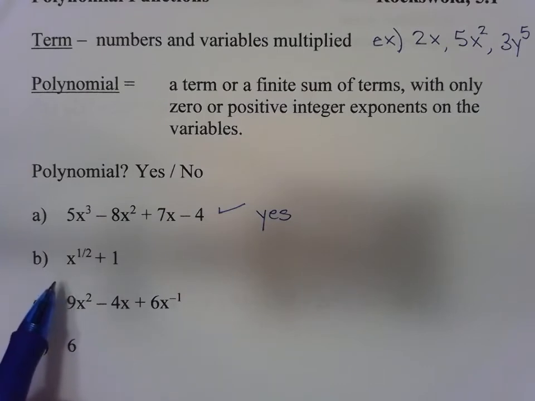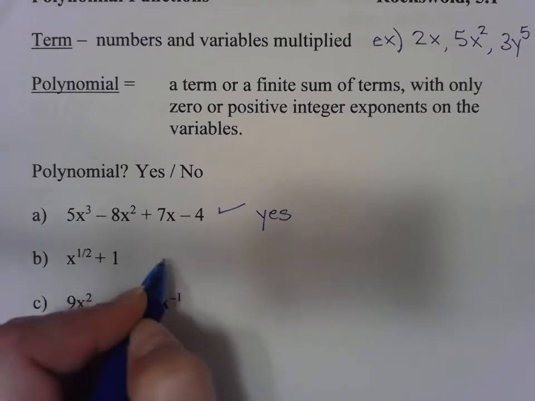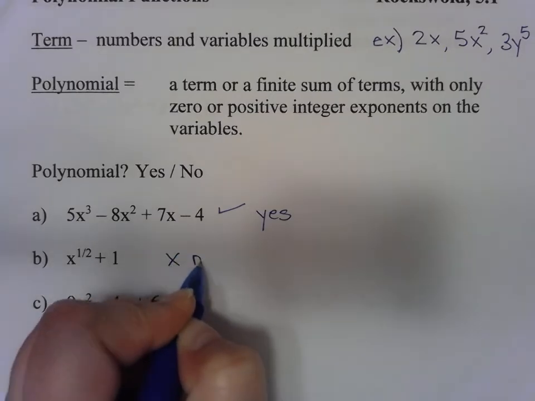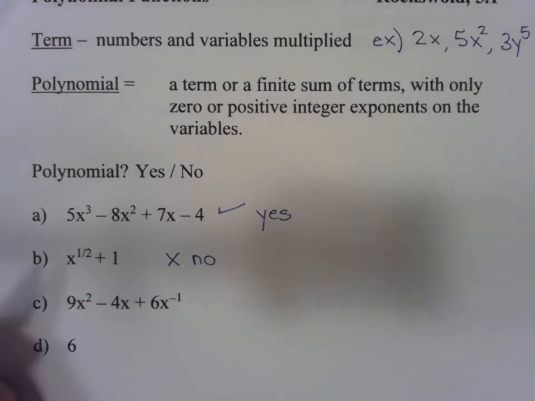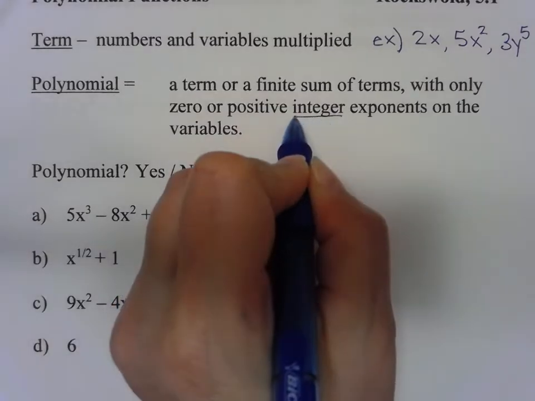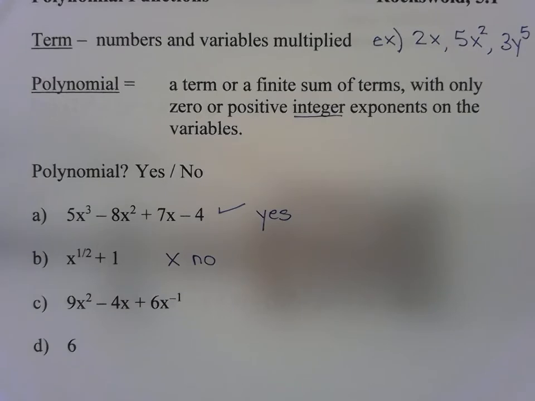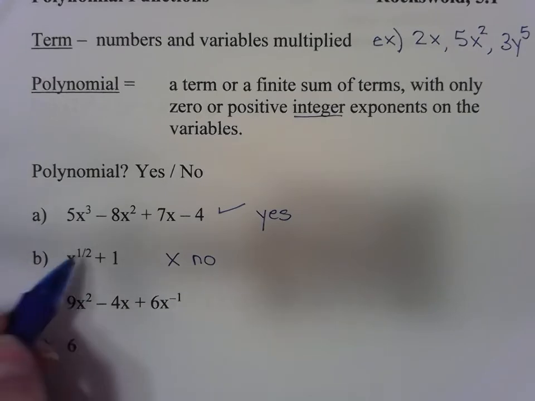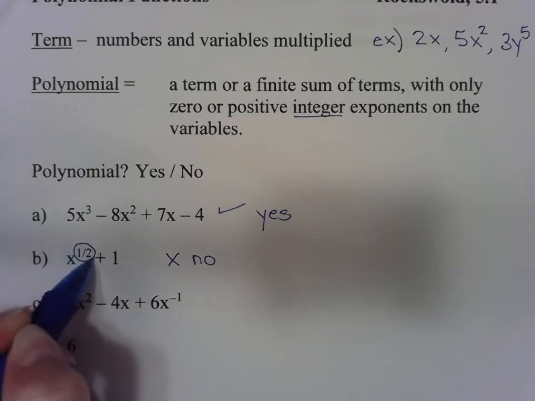What about B? This is a no, because we need to have integer exponents, which means a whole number. So no fractions, no decimals. This is causing the problem.